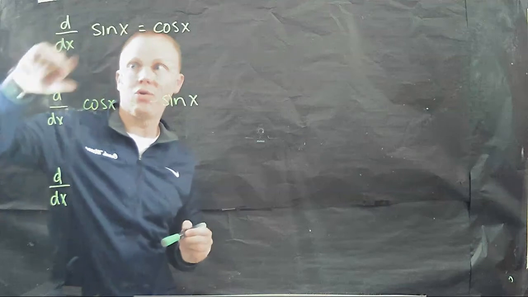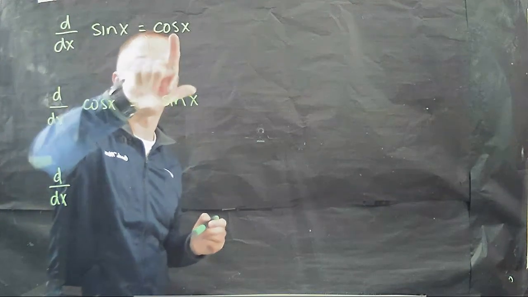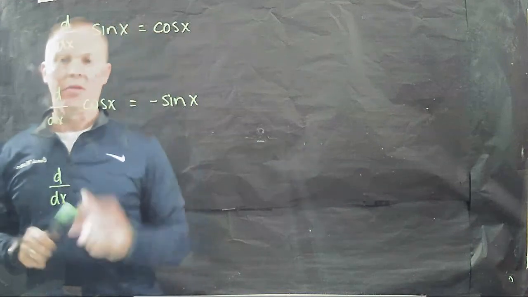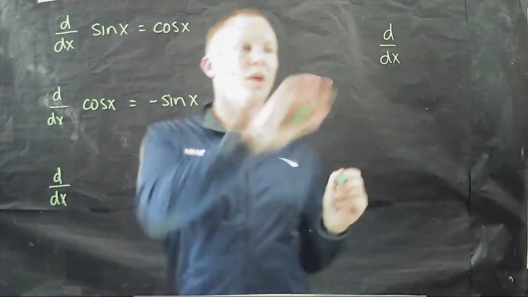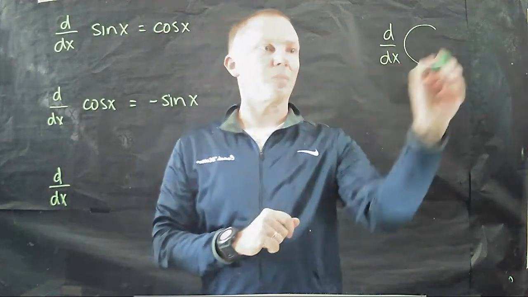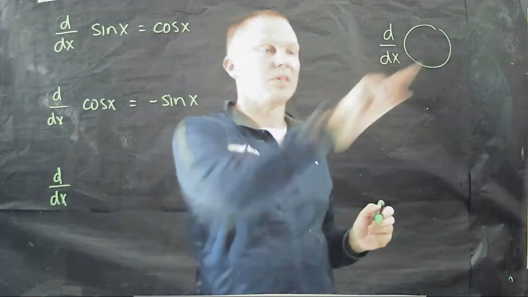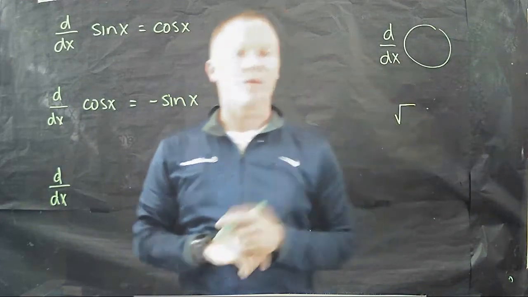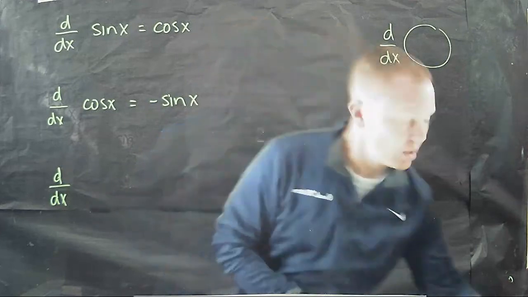It's like, you shall take the derivative of sine of x. And the answer is cosine of x. Okay? You always will have something next to it. It might just be a y, but you'll always have something next to it. Otherwise, it don't make no sense.